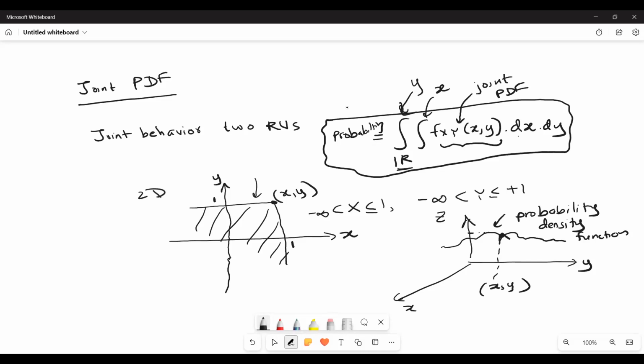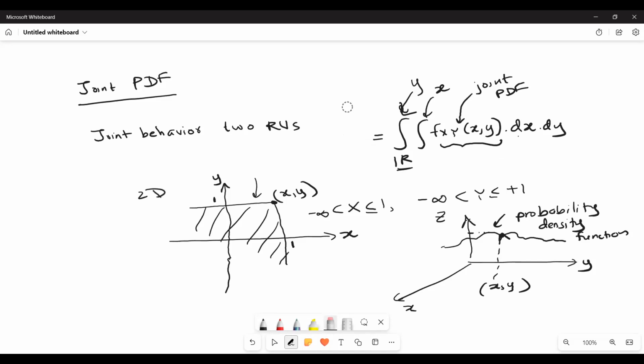I will try to write it in this place. So the probability of a certain x value being below the capital X, and the y value being below the capital Y for the random variable.